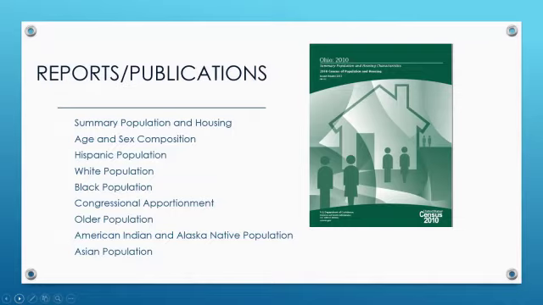How many people of the Hispanic population live in this area? And they used this information for the appointment of our congressional leaders. They wanted to find out what the population of America looks like as far as aging. What's the percentage of our older population? What's the percentage of American Indian and Alaska Native population and our Asian population?